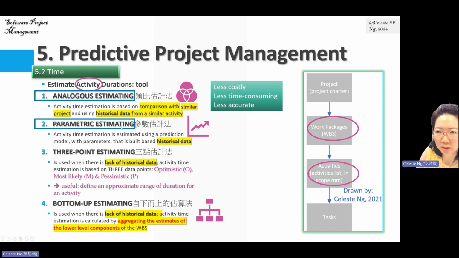And then the second type of estimation method is called parametric. This type of estimating method is the same as analogous estimating, whereby it is based on historical data, but it is based on a large volume of historical data. All right, and what parametric estimating does is take all the historical data and run some statistical analysis to create an estimation model, a prediction model.